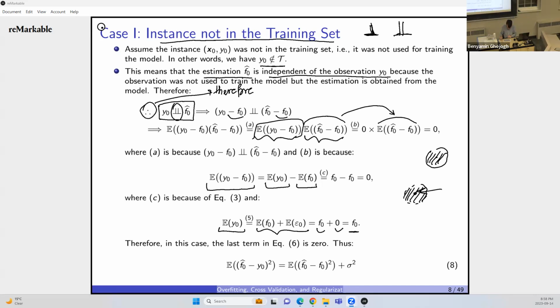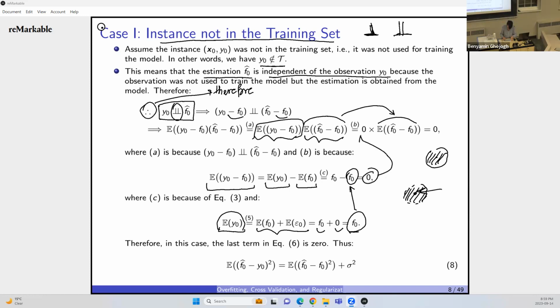Okay. So far clear. Now, in this case, the last term in this equation 6, this. So here, expectation of y0, we found it is f0. So I'm putting it here, right? Interestingly, it became f0 minus f0. So it became 0.